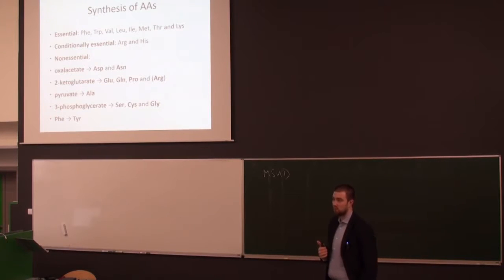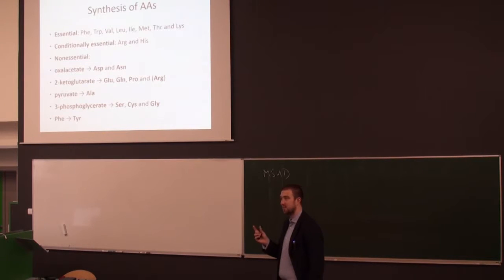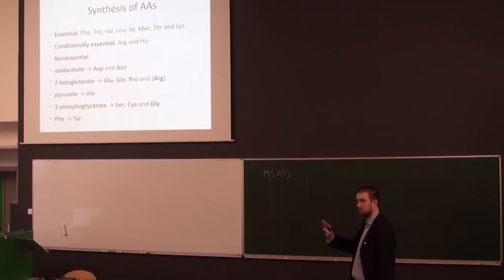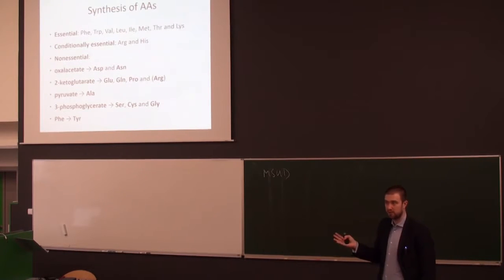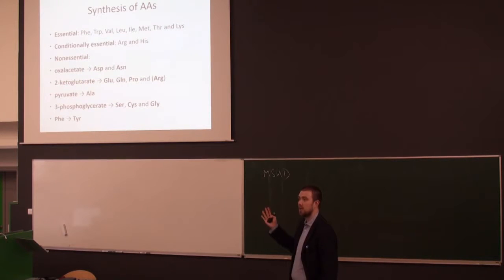We do not expect you to know it, since you know that it's essential, therefore we cannot produce it. So this is only the question whether you understand what it means if a compound is essential. Essential compounds we cannot produce, therefore they have no precursor in our body. So if you meet this kind of statement, it's incorrect.